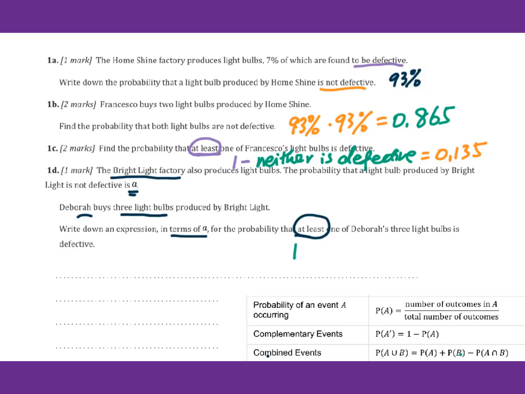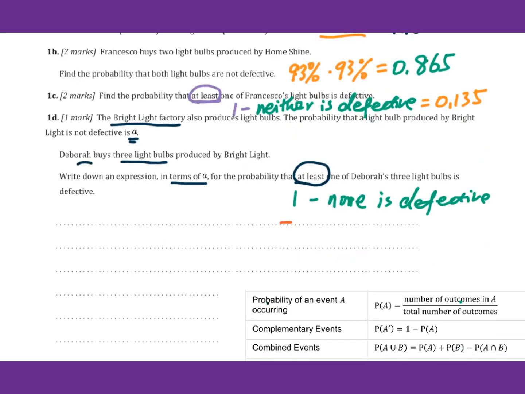At least we use 1 minus none of the 3 lights is defective. So we will get 1 minus. It's not defective, that's A. But we have 3. Therefore, you have A times A times A. So your answer will be 1 minus A to the 3rd power.